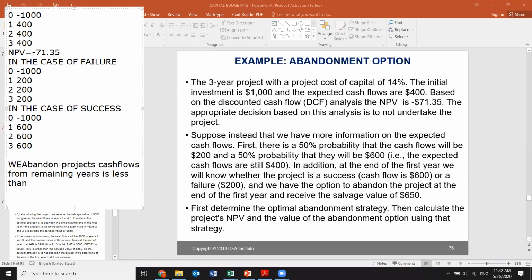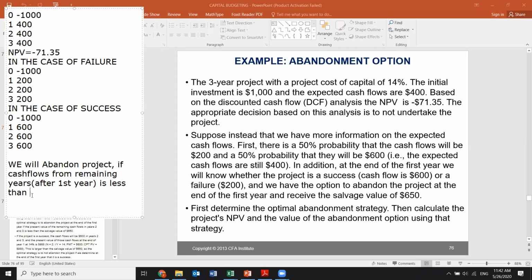We will abandon the project if the cash flows from the remaining years, I mean after 1 year, because we will sell it and get the salvage value of $650 at the end of the first year, are less than our salvage value of $650.